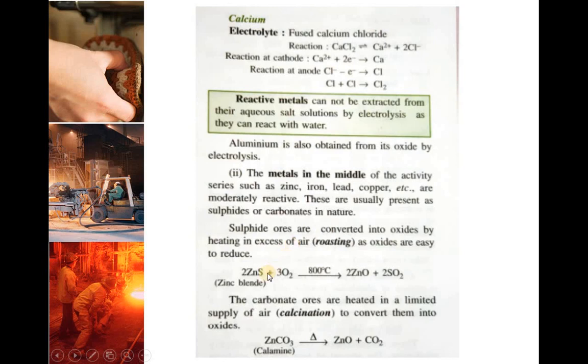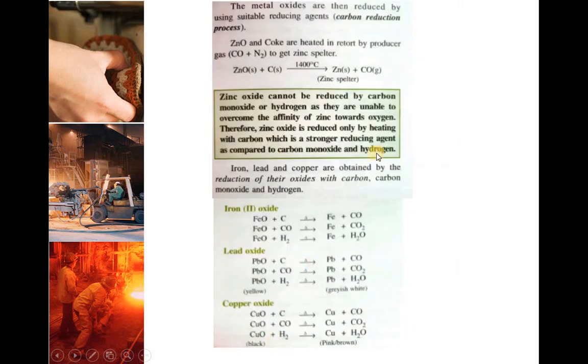They are usually present as sulfides or carbonates. Sulfides will undergo roasting and carbonates will undergo calcination, and both will give oxides. The metal oxides are then reduced by a suitable reducing agent, which is called the carbon reduction process.